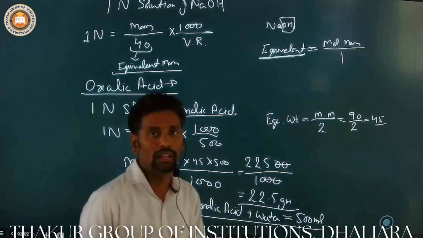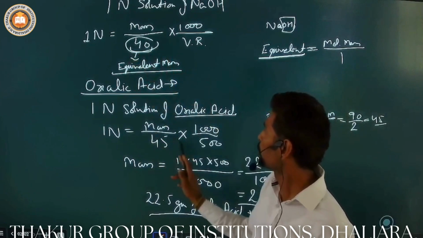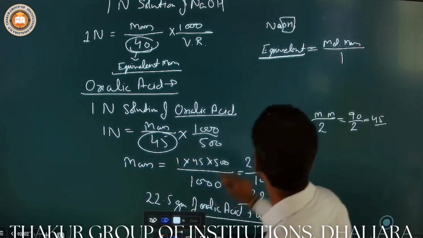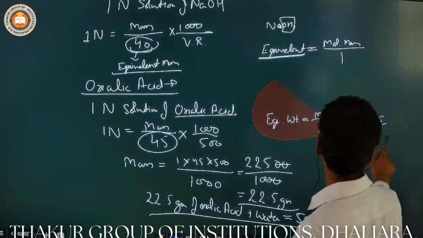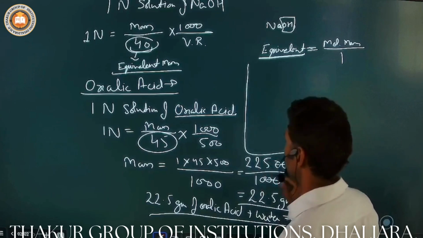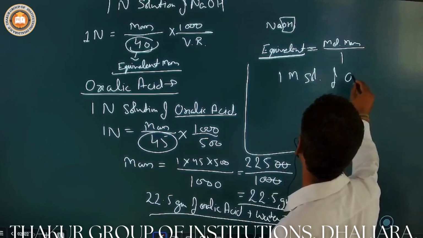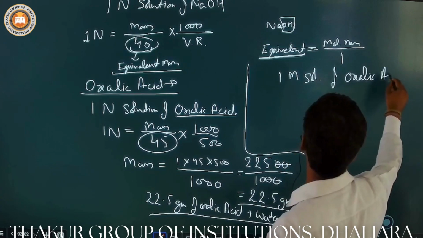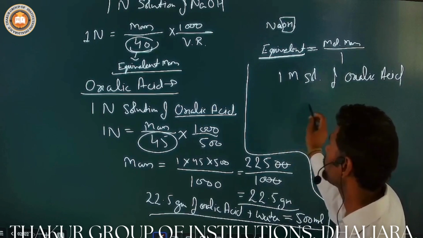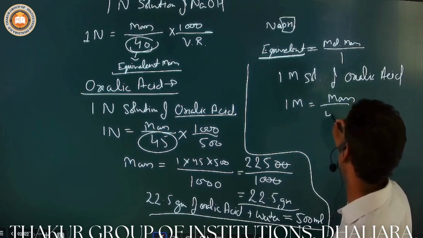Whereas in case of a molar solution, the molecular mass is going to be used directly. So in the case of a molar solution of oxalic acid, because I have not discussed molar solution yet, for a 1 molar solution of oxalic acid, we have 1 molar equal to mass upon molecular mass.